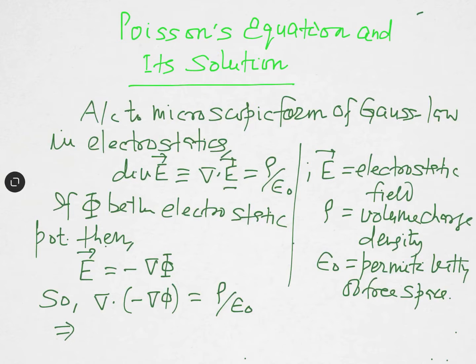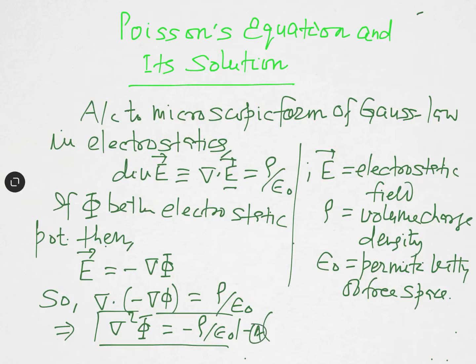And what will be this? This is simply del square phi equal to minus rho over epsilon naught. And this very equation is known as Poisson's equation.